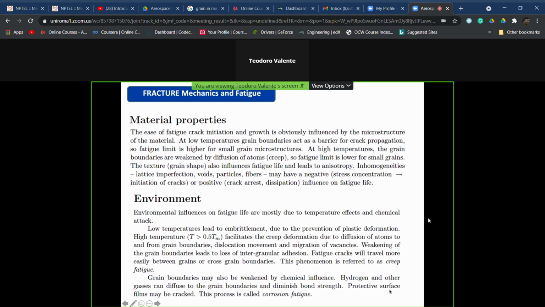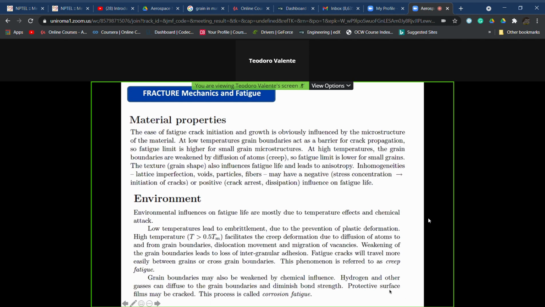Also, the working environment is very important, and this must be remembered since usually, not always, but usually, we make fatigue lab testing in a well-defined environment. The effects of the environment on fatigue life are essentially related to temperature effects and chemical attack, that is chemical reactions, that is corrosion, for example.